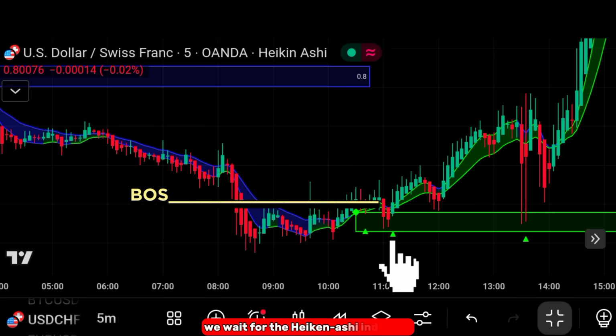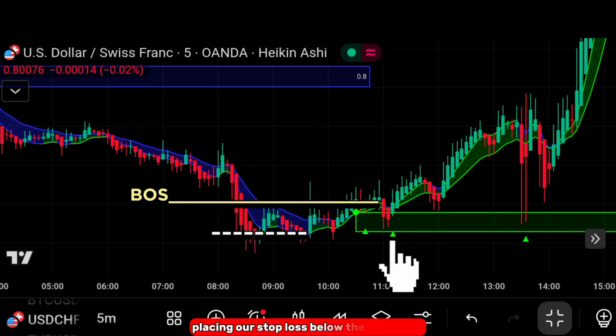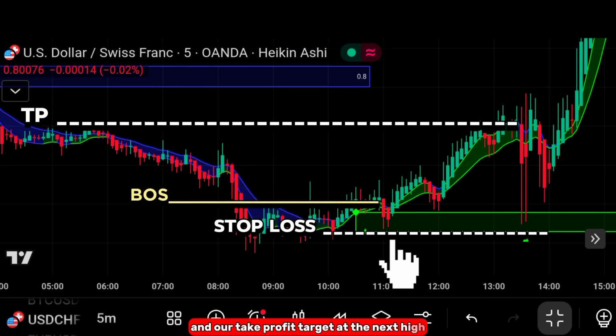We wait for the Heikin-Ashi indicator to also present a bullish Heikin-Ashi candle, and if that appears, we can take the trade, placing our stop loss below the signal box and our take profit target at the next high. And as you can see, this trade was a big one. The take profit target got hit successfully.